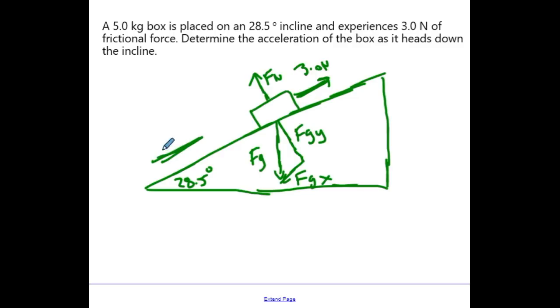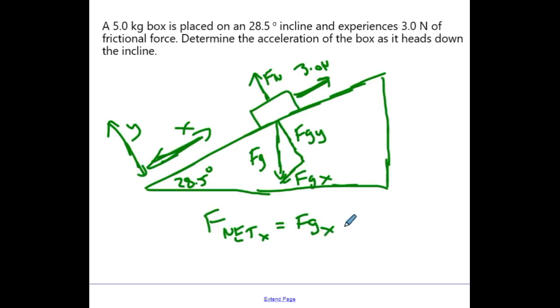Because keep in mind, you got to tilt your head. This plane is the x direction, and this plane is the y direction. And so if I'm going to calculate my net force in the x direction, it's going to be the force of gravity in the x direction minus the force of friction.